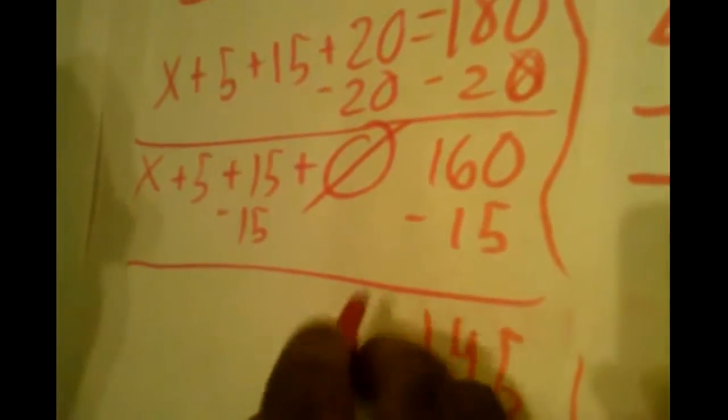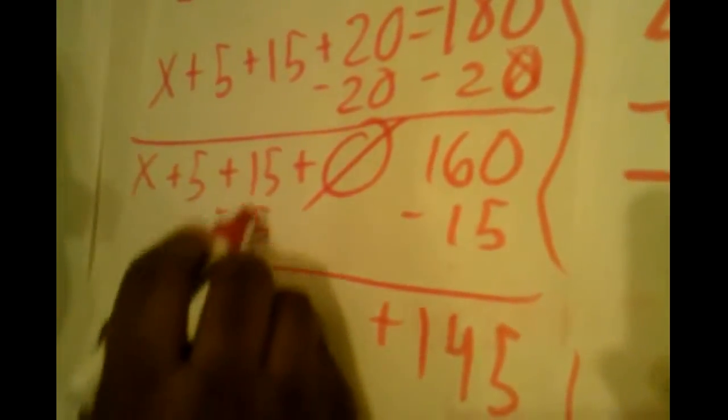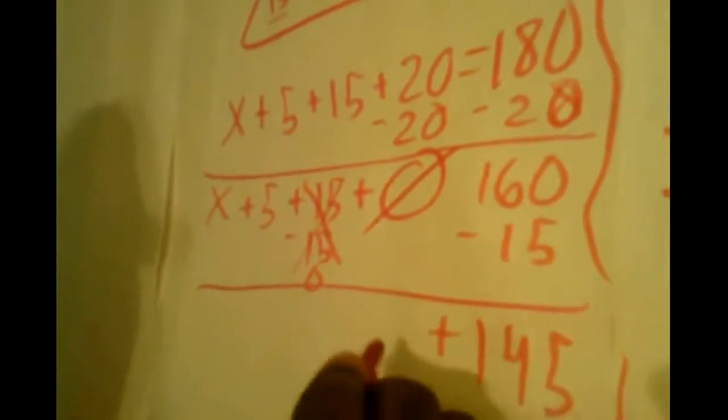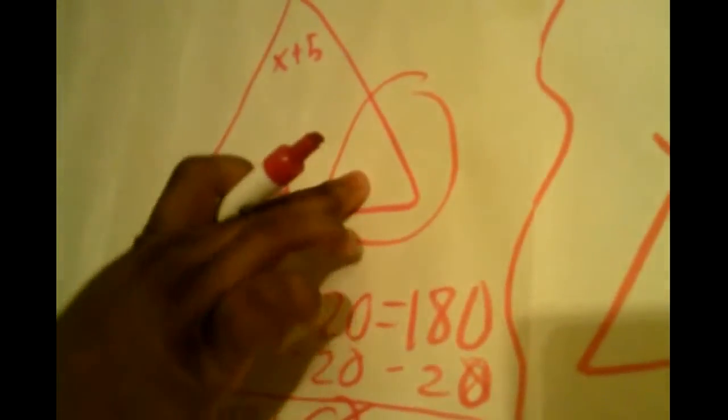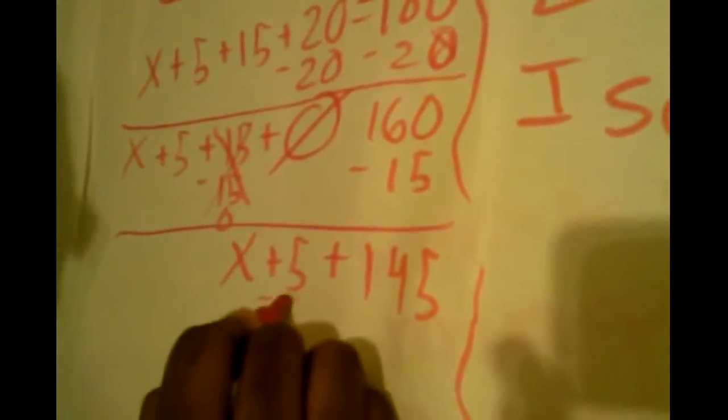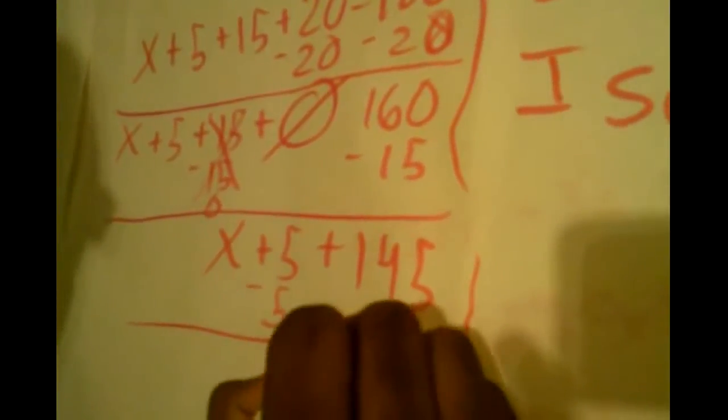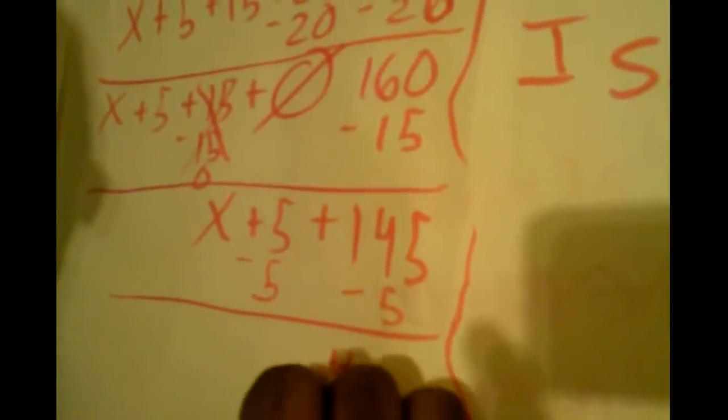So intelligent. Now, this angle right here is what we're looking for. Now, we're going to do the same thing for 5. We're going to do minus 5. Minus 5 again. 140.